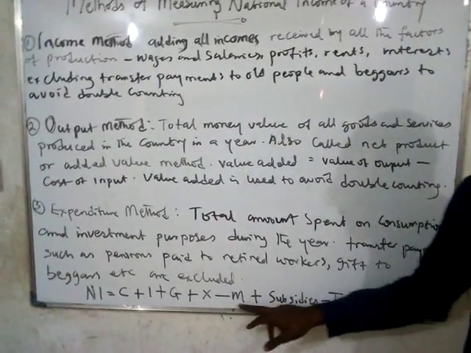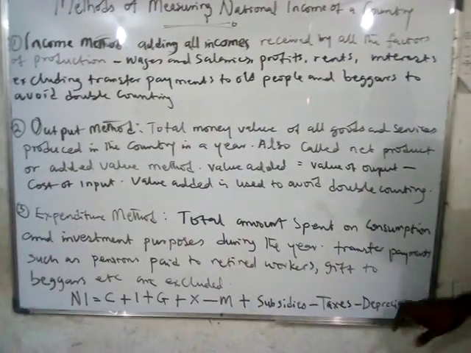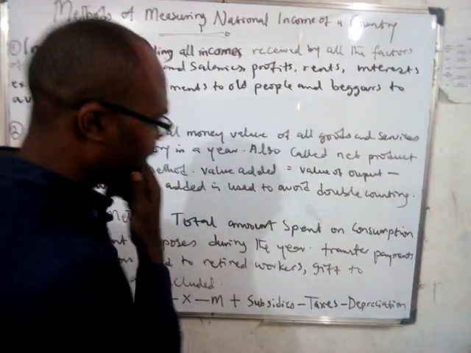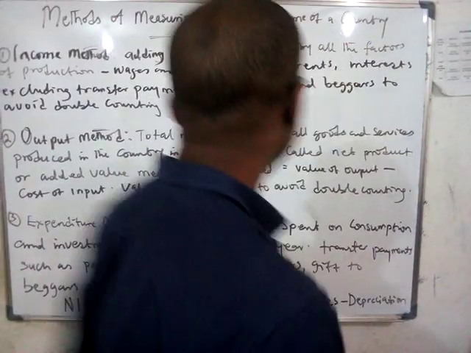X stands for export. M stands for import. Plus subsidies minus taxes minus depreciation. So in subsequent classes, I'm going to give you some data so that you can compute the national income over the period of a year.